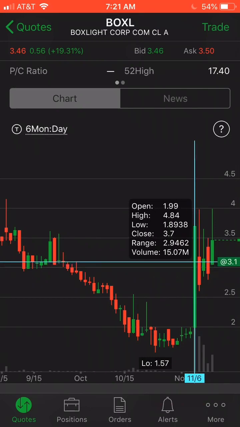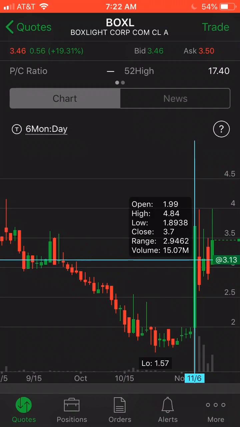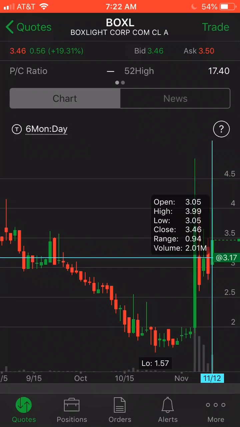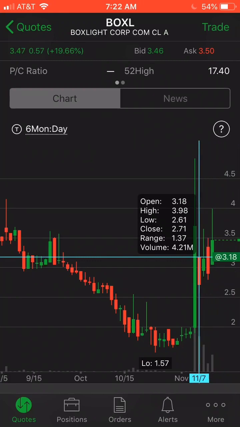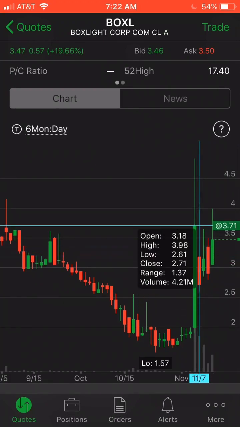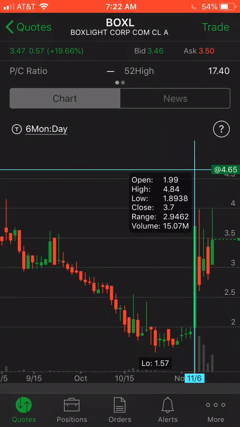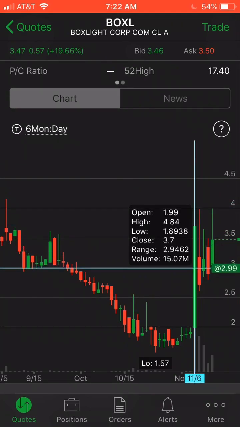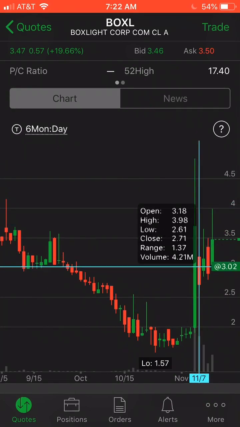And on this day it has 15 million. So if the stock has barely traded 4 million like this day, we see here it just could not reach that high on this day because this day it had 50 million.